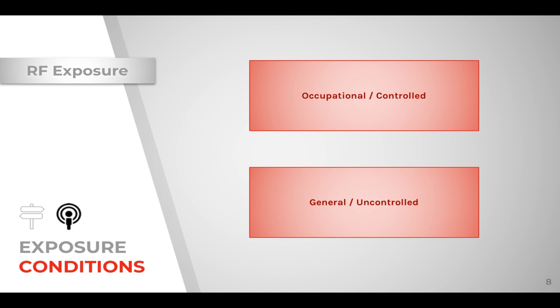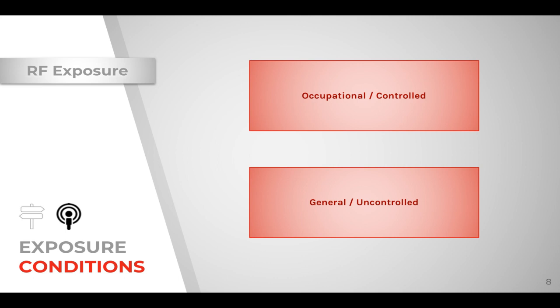The person is aware of the exposure, and they have information regarding how to control the exposure from the device, how to limit it, and this may require RF exposure training. And then general and uncontrolled is basically all of the other situations. It typically applies to consumer devices where you don't have any knowledge of the exposure.